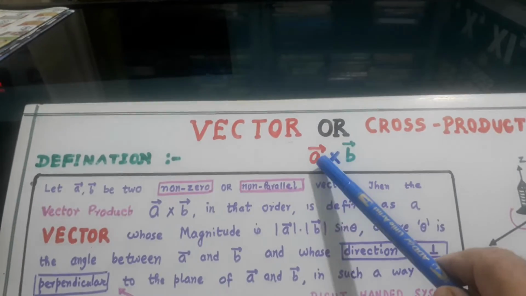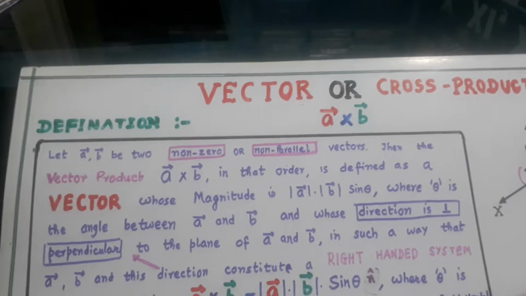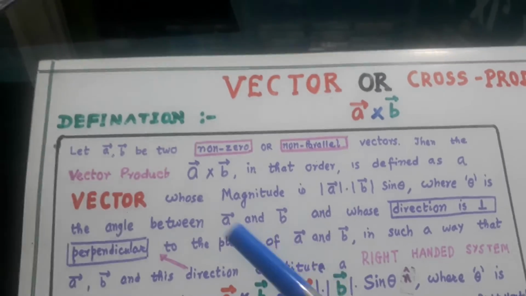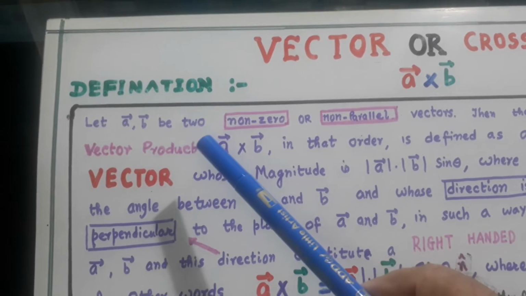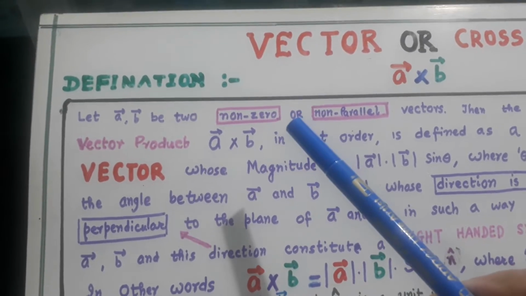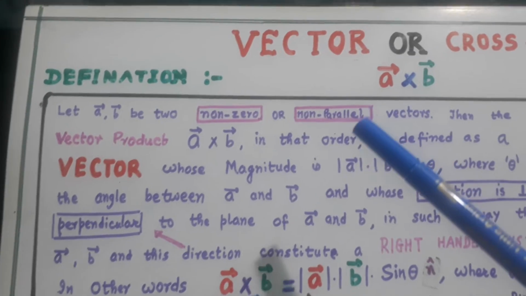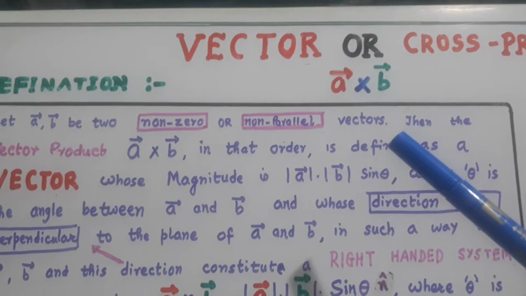Look here, it is A cross B. First of all, try to understand the definition. Let A and B be two non-zero or non-parallel vectors.